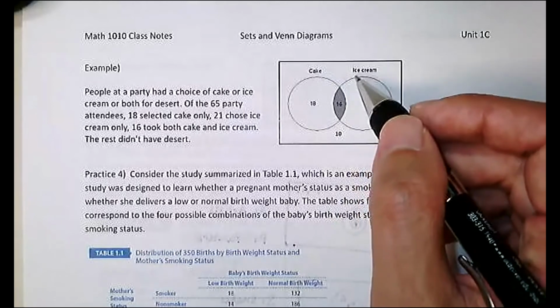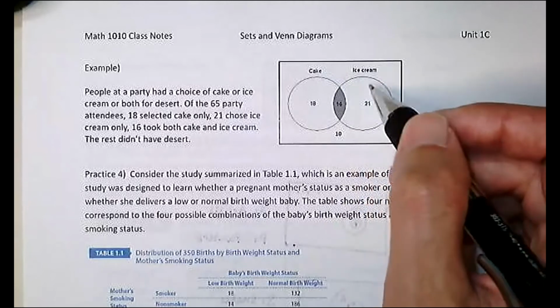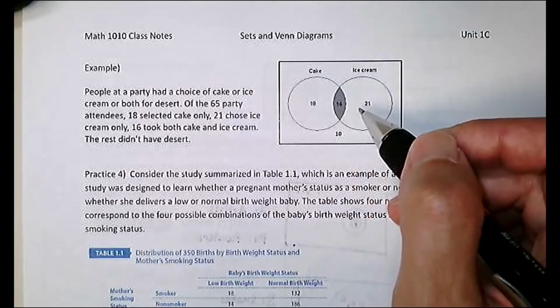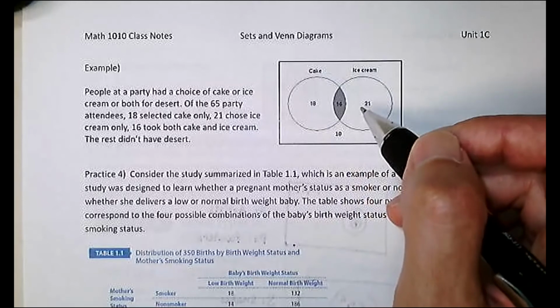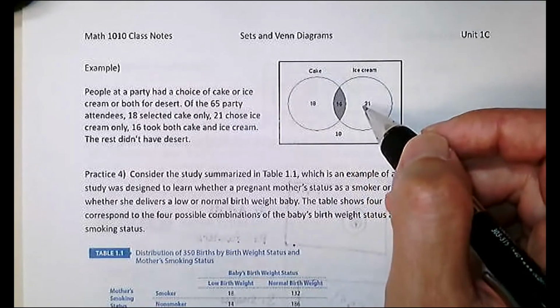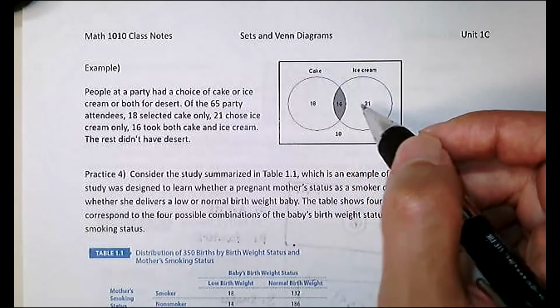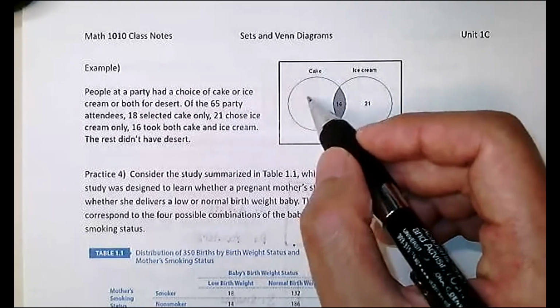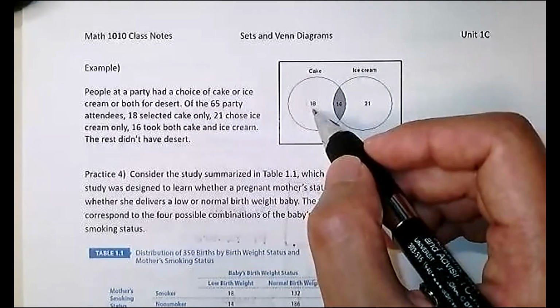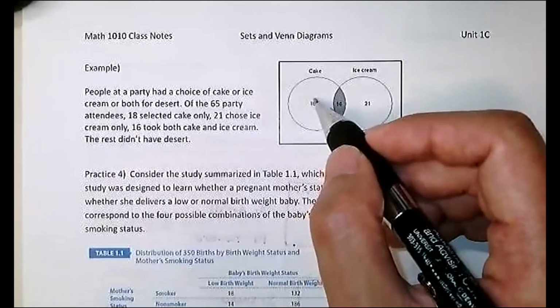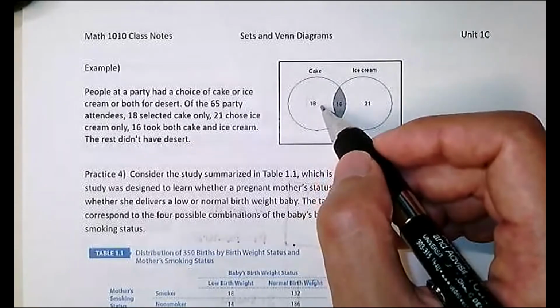If you choose ice cream, you are in this circle. However, the way I designed the poll is that the number who choose cake are just here, which means all those people who choose cake but they didn't choose ice cream or didn't choose both.